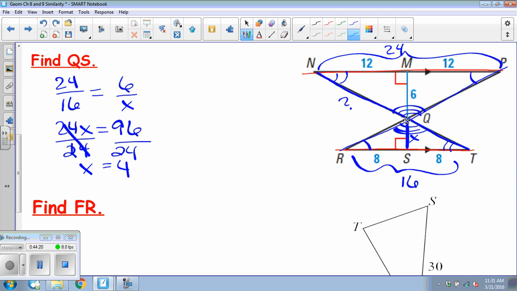Pythagorean theorem. You could use Pythagorean theorem to find this because that's a right triangle. Now, same thing here, but is this going to equal this? Yes. That's an isosceles triangle. How do you know just by looking at the markings that it's an isosceles triangle? Because it's perpendicular to the base and it splits it in two. So that makes QM a perpendicular bisector.